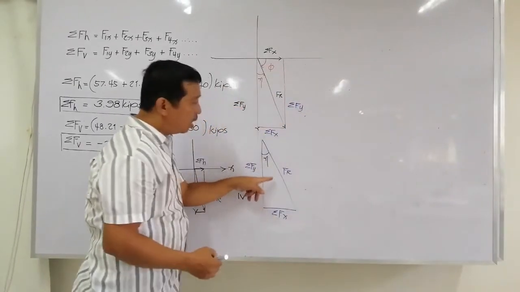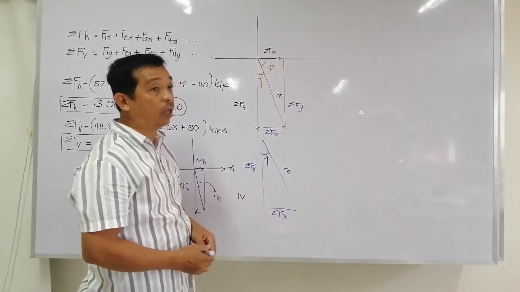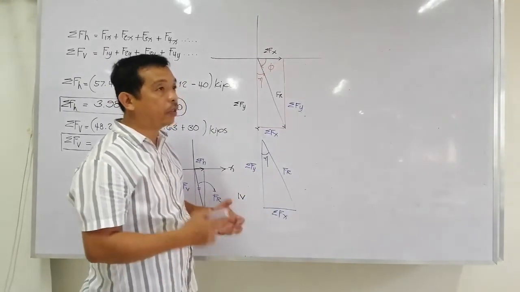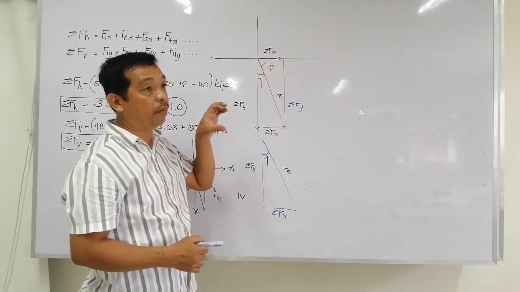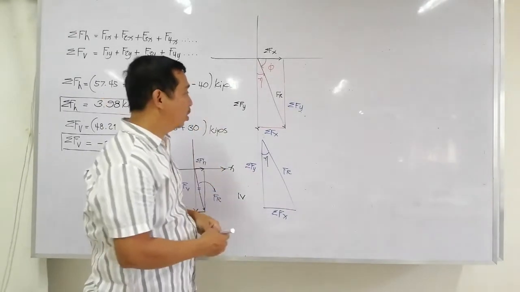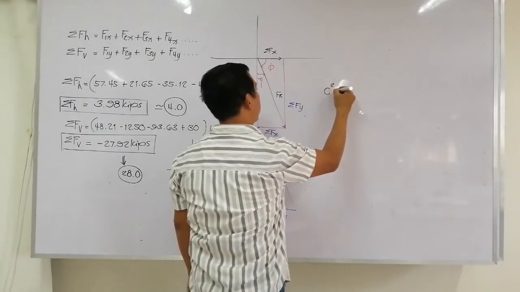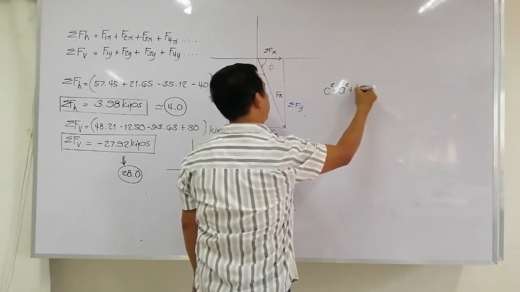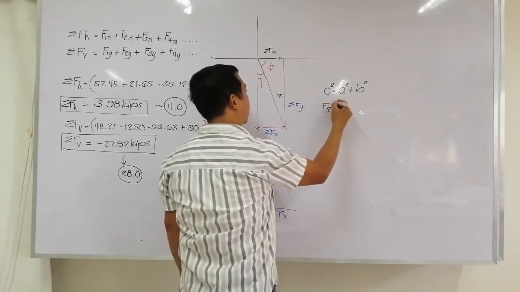For FR, dahil siya ay right triangle na generate, gagamit tayo ng Pythagorean. So FR represents the C side, yung side ng ABC, yung hypotenuse. So, gamit ang formula na C squared is equivalent to A squared plus B squared, we can solve for FR.